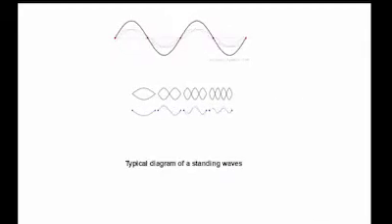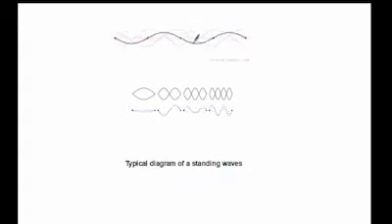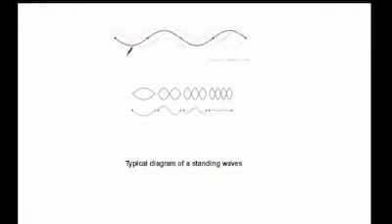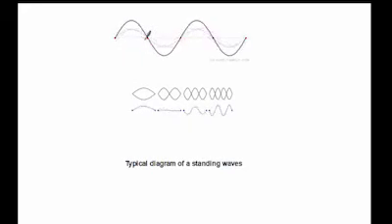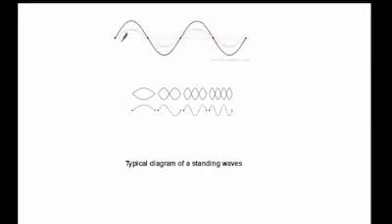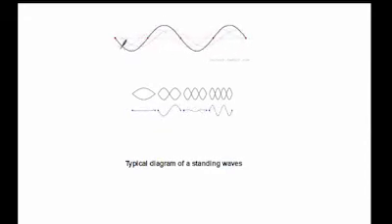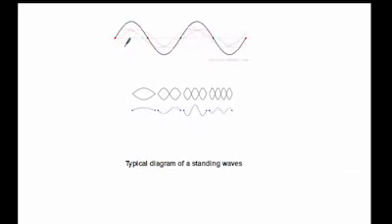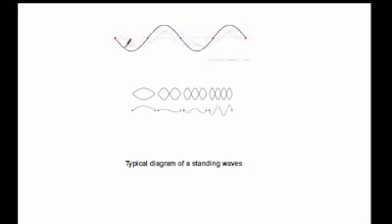This is again a diagram showing a standing wave which is colored in black, and it is a result of the superposition of the blue and the red waves, which are moving in opposite directions and have the same amplitude, frequency, and speed.